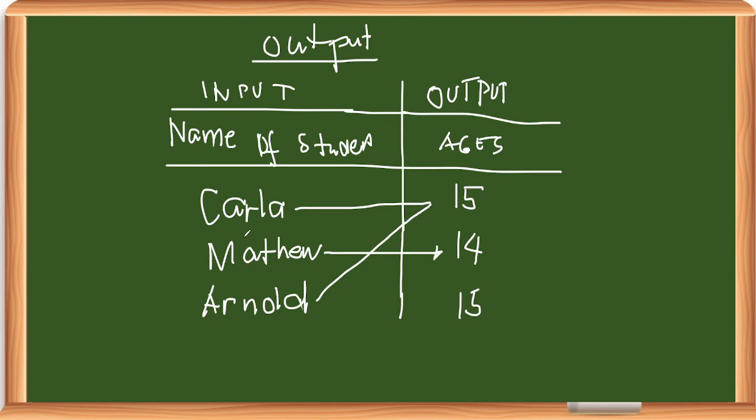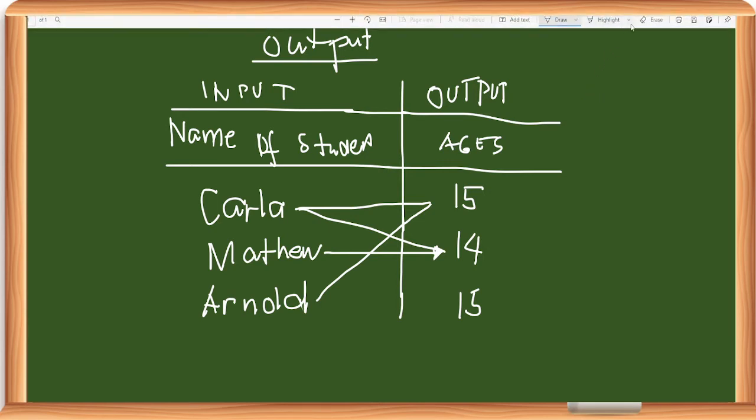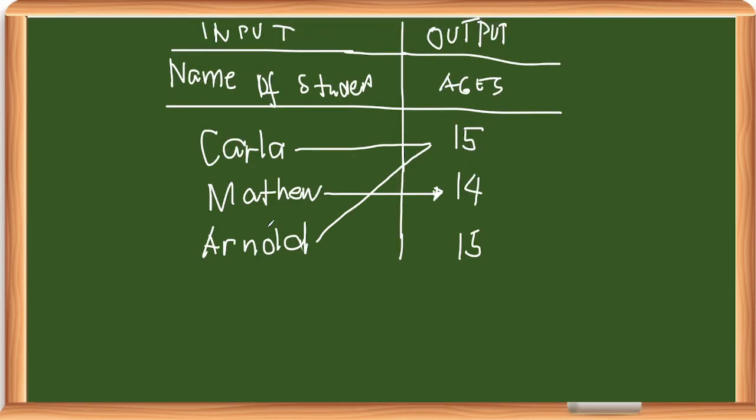We cannot say that Carla is 15 years old and 14 years old. It would be impossible. So this is an example of a function where for every input there can only be one and only one output.